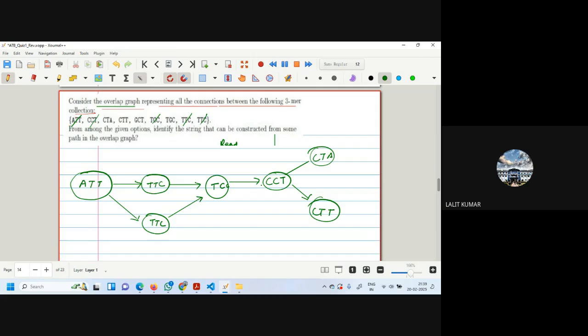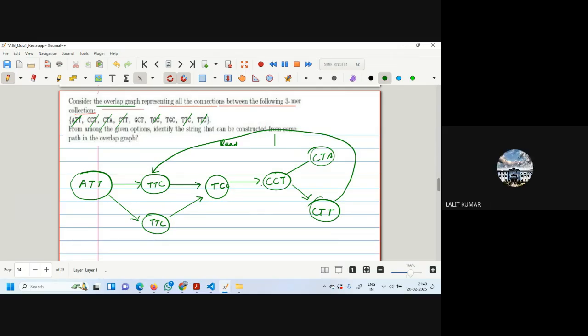CCT I've done, CTA I've covered, CTT I've done. Now from CTT, I can go to TT. I can go to this. I can go to this. From TA, can I go anywhere?